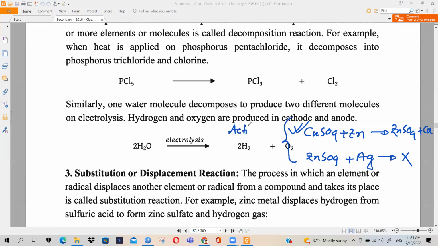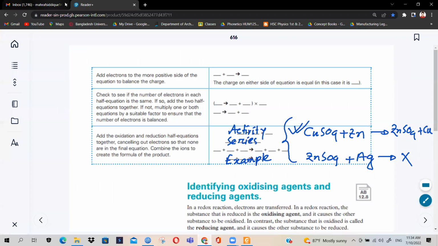Activity series example, you could write it like that. And as we are discussing it a lot, let us write it down as of now. Let's find it out and write it down by ourselves.